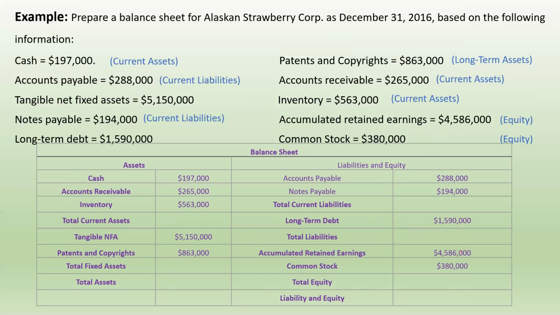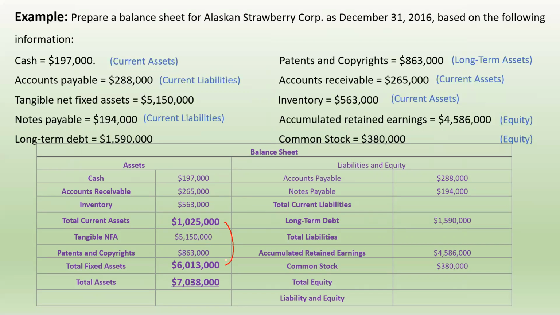So we just put it in the balance sheet with those numbers, and then we can figure out the totals. Total current assets is the summation of cash, accounts receivable, and inventory. Total fixed assets is the summation of tangible net fixed assets and the patents and copyrights, which are intangible assets. Total assets is the summation of total current assets and total fixed assets.